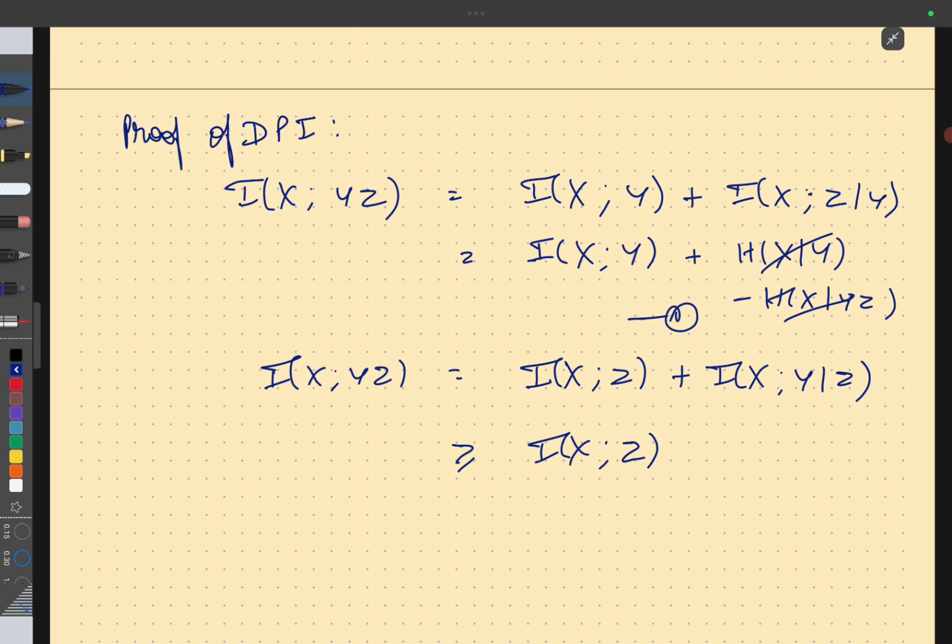But when do I have equality? When the mutual information between x and y given z is equal to 0, and that can happen only if x, z, y forms a Markov chain. That is, x and y are conditionally independent given z.